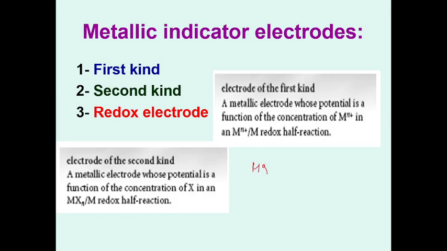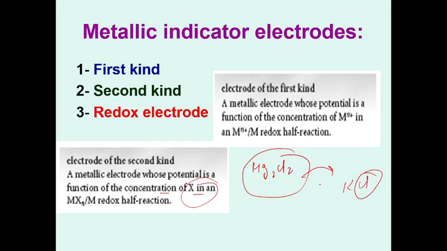You are asking about a metallic electrode whose potential is a function of the concentration of X. Yes, it will be like that. Because in your analyte, suppose it is KCl, its potential will depend on the chloride ion concentration of your analyte. Yes, you are right. So it will be the second type of electrode, the calomel electrode.